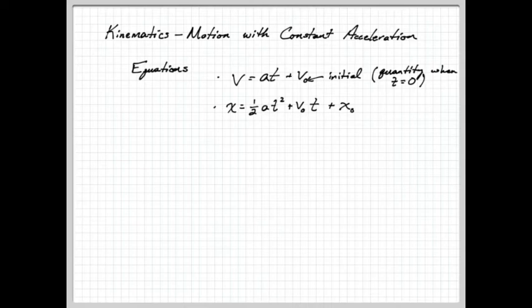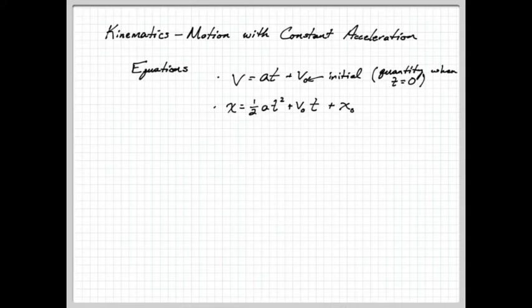Okay, and the third equation is really not a new one. It's basically taking these two and eliminating time, and then combining all the variables and moving stuff around. In doing so, we come up with this last equation, and we make it a kinematic equation because we find that we do use it quite often. But there's no point in you constantly solving for t in one of these two equations and substituting into the other and doing all the algebra over and over again.